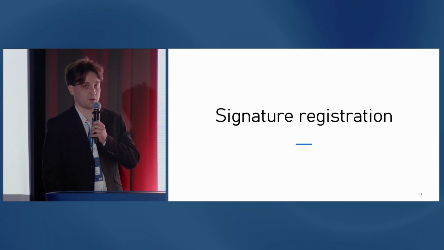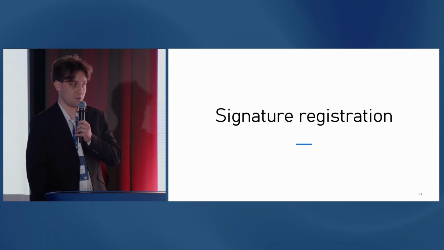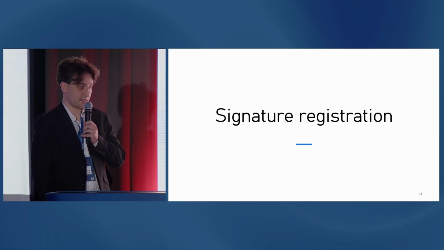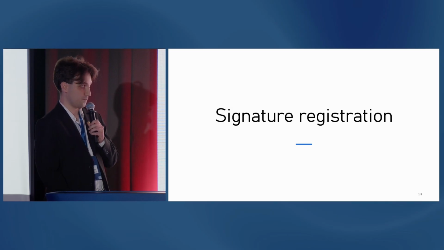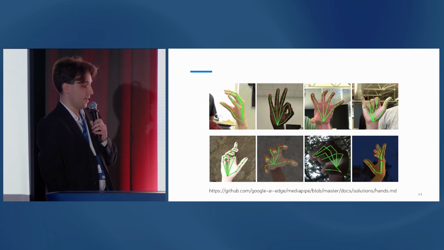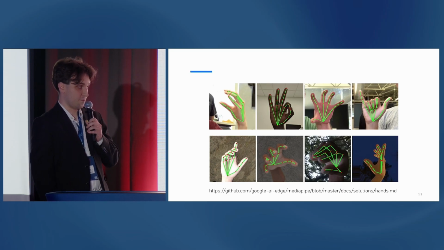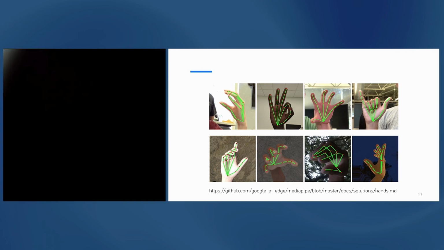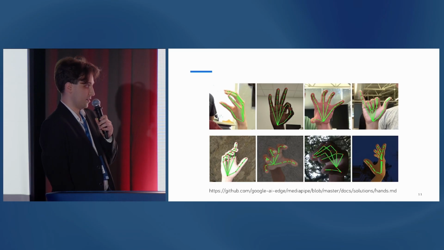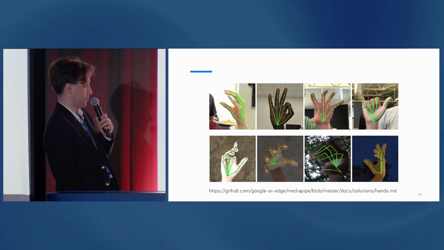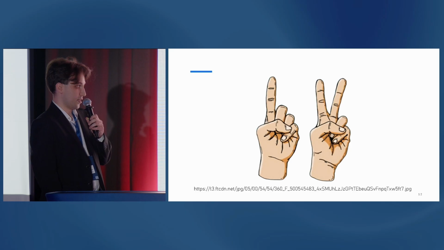So, moving on to the project. It was divided into three main stages: signature registration, extraction of features, and classification. Starting from the first one. To register the signature, I used a ready framework called MediaPipe by Google that allows you to detect your hand using a camera and its distinguishing features. As you can see, red dots are marking these features.